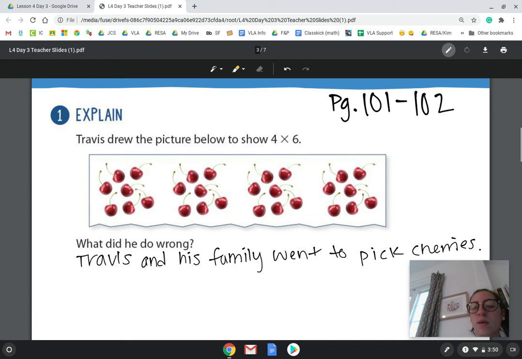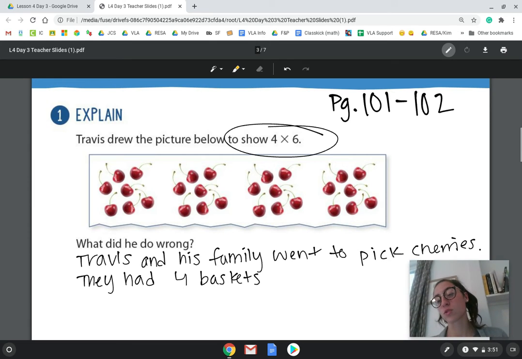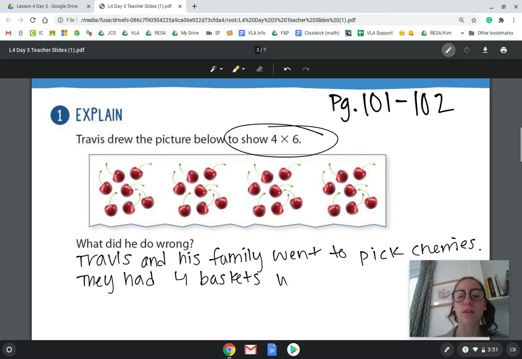Right? So Travis and his family went to pick cherries. They had 4 baskets. And this problem says 4 times 6, so we're going to make sure that the story problem says 6, not 7. So they had 4 baskets with 7 cherries in each basket.